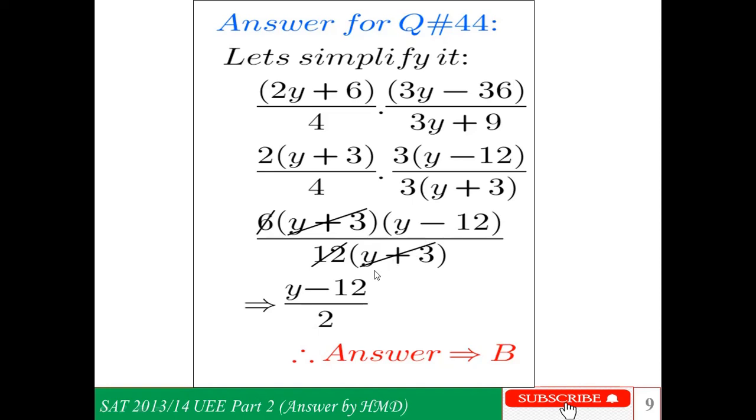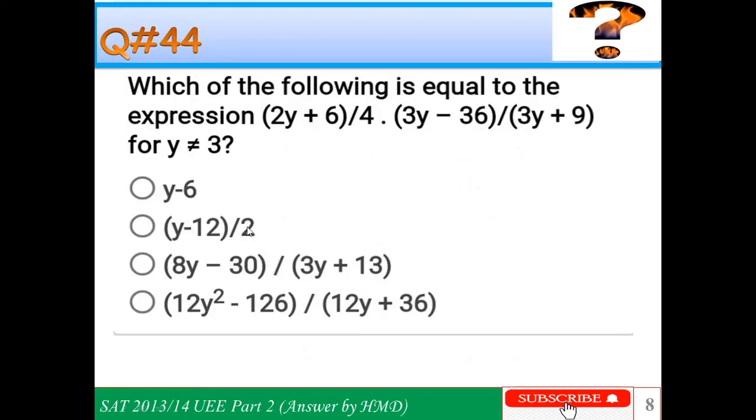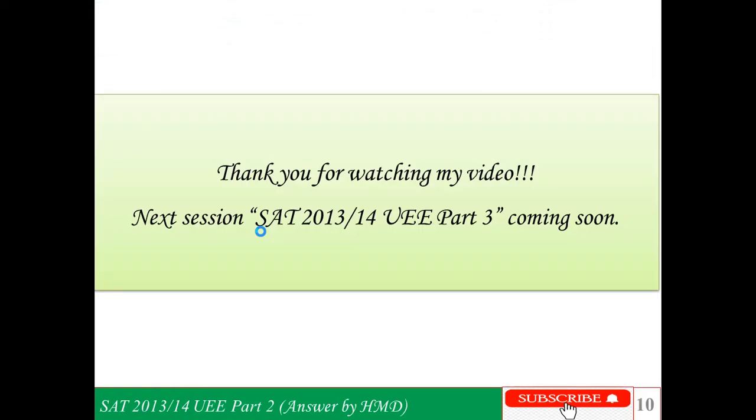Y plus 3 is cancelled by y plus 3, and 6 is cancelled with 12, and we have 2 remaining. So from the numerator you have y minus 12, and from the denominator you have 2. So the simplified form of this expression is y minus 12 over 2. That is B. Can you see this one? Y minus 12 over 2. So that is the answer.